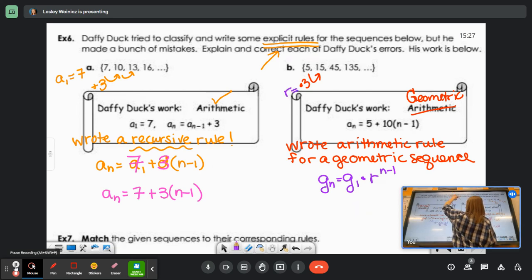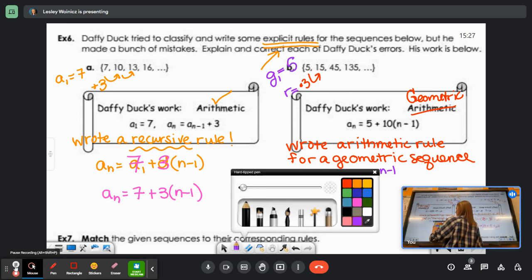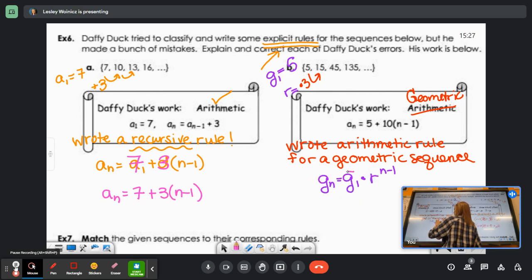What's my first term? Five. So in the G sub 1 spot, I'm putting a 5. In the r spot, I'm putting a 3. So G sub n equals 5 times 3 to the n minus 1 power.